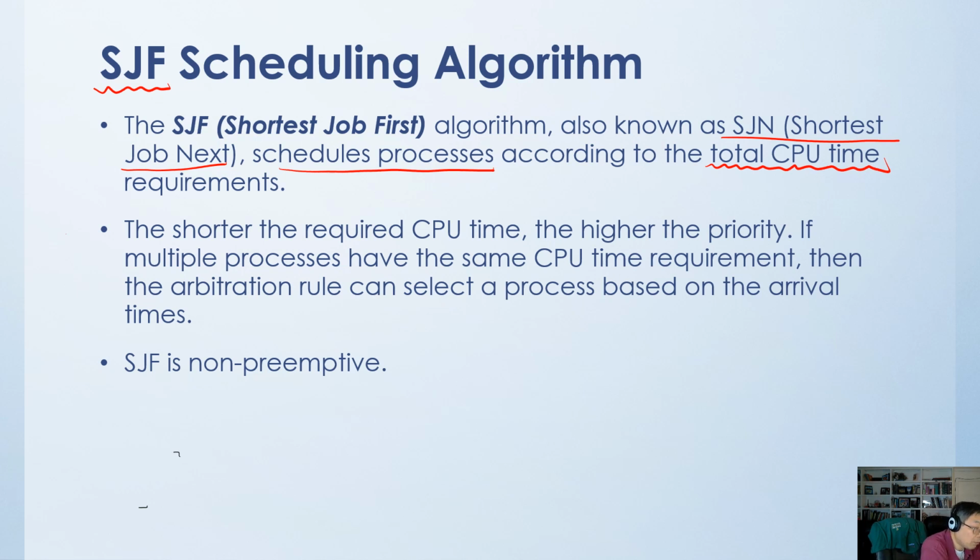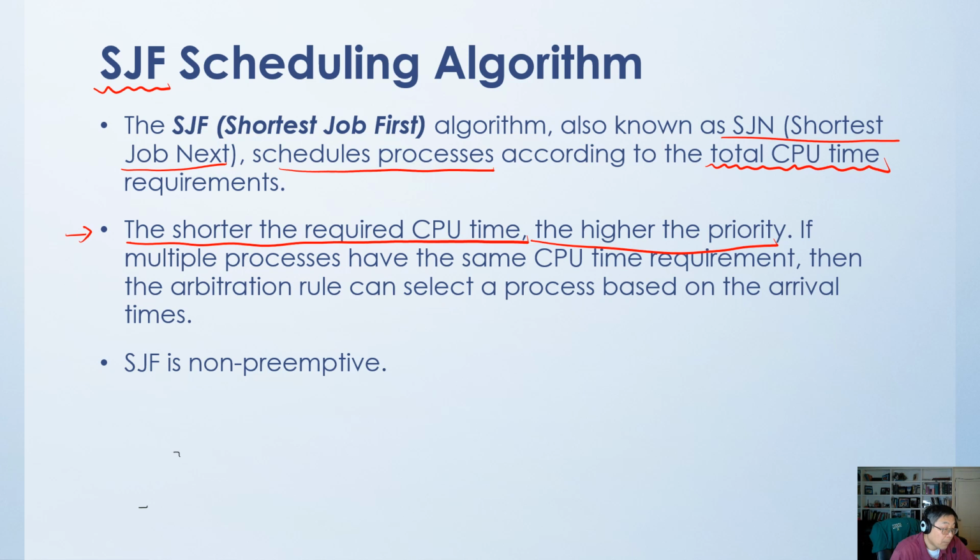Here's the rule: the shorter the required CPU time, the higher the priority. If multiple processes have the same CPU time requirement, then the arbitration rule can select the process based on arrival time, even though it's unlikely in a real scenario.